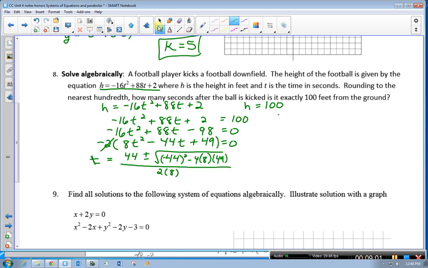So I'd have 44 plus or minus the square root of 44 squared, which is 1936, minus 4 times 8 times 49, which is 1568. 1936 minus 1568 is 368.